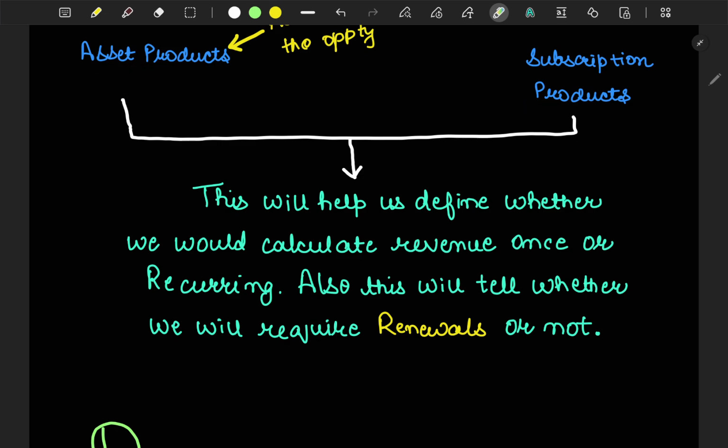For asset-based products our revenue would be direct, right? We sold this much amount of keyboards, mice, or batteries to some particular business. But for subscription-based products it would be recurring: for month 1 we had x amount of rupees, for month 2 around y, and similarly for n number of months.